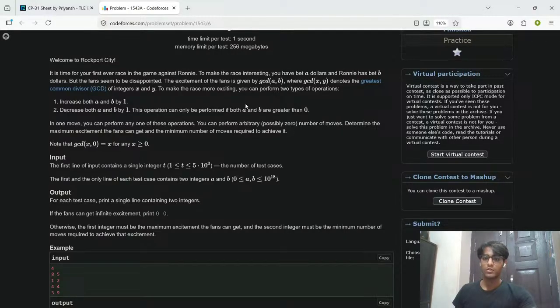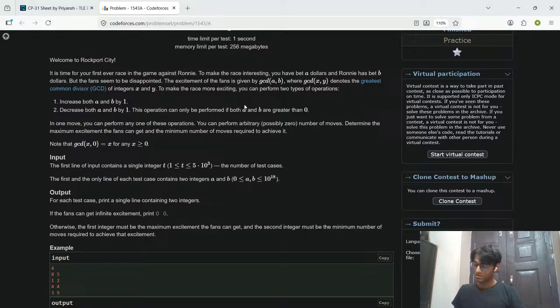In the race, you can perform any two operations to make the race exciting. Increase both A and B by 1, that is A equals A plus 1, B equals B plus 1, or decrease both A and B, A minus 1, B minus 1.